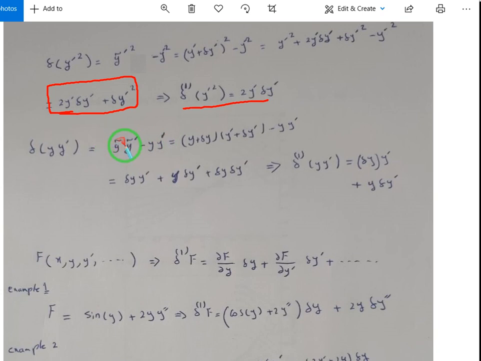We replace y tilde and y tilde dash by these two terms and expand this equation with some simplifications. We can easily see that this equation is equals to delta y multiplied by y dash plus y multiplied by delta y dash plus delta y multiplied by delta y dash.